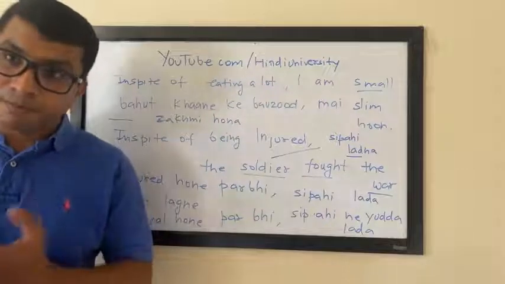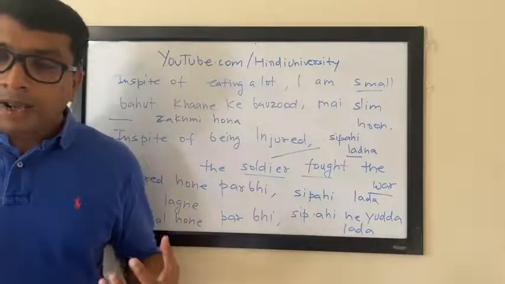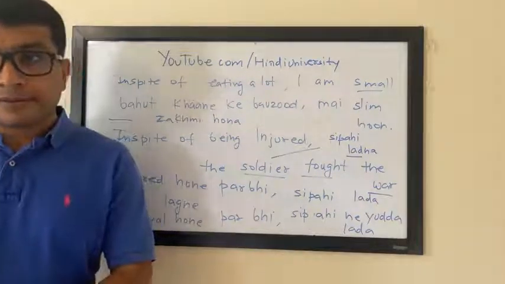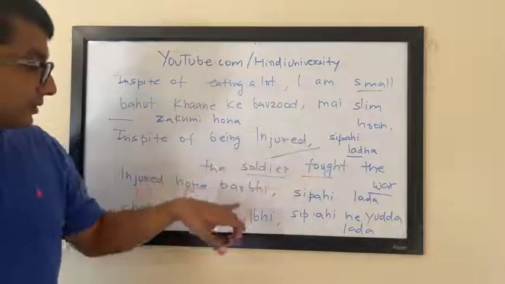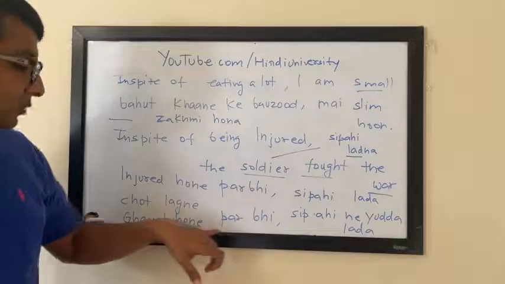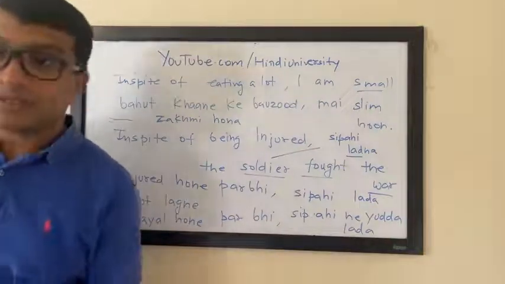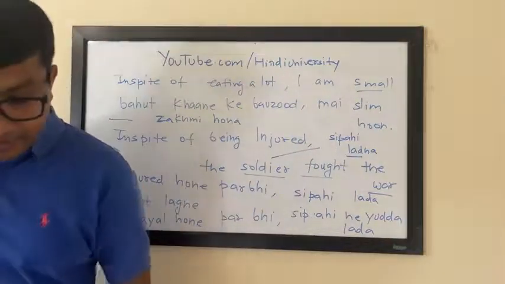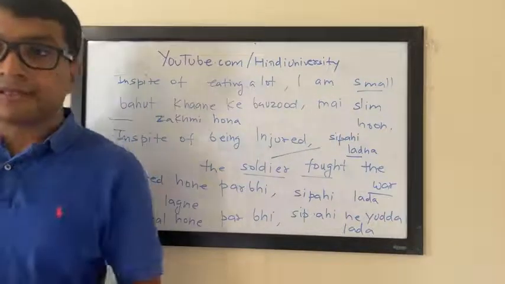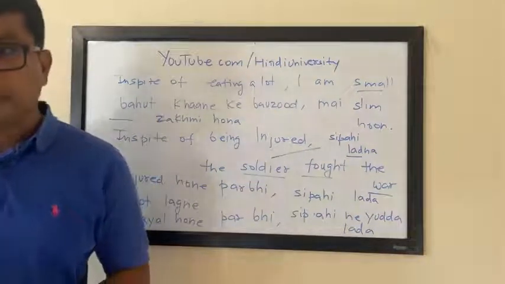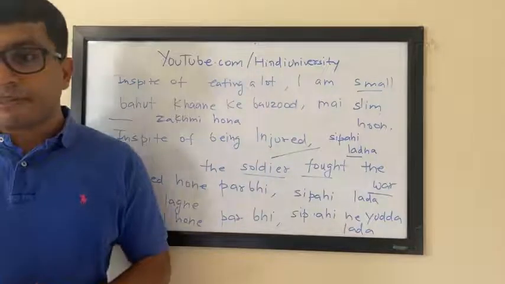Par is a postposition, bhi is a very important keyword. When they are used together and followed by a verb, such as drinking 2 glasses of water, it gives the sense of in spite of being done A, B, and C. So that's the special use case of using par and bhi.